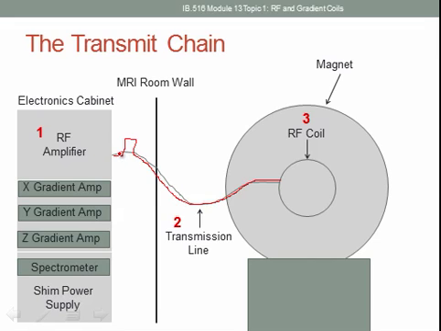If that is not the case, then the power transmitted from the amplifier to the RF coil won't be transmitted efficiently, and there will be what is called a reflection. Reflection is power that's reflected back to the RF amplifier if the impedance of the wire and the amplifier do not match, or if the impedance of the coil and the wire do not match.